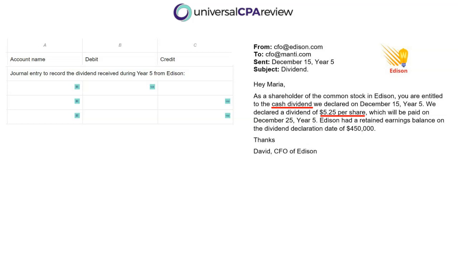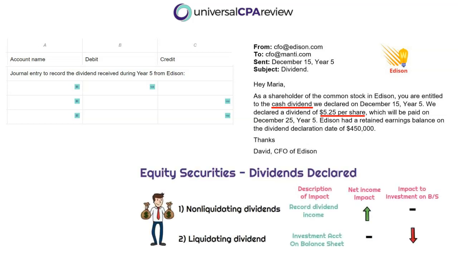So how is that helpful in determining whether it is a non-liquidating dividend or a liquidating dividend? Because remember, non-liquidating is recorded as dividend income in the income statement. But if it's a liquidating dividend, that is going to be a reduction of the investment's carrying amount on our balance sheet. So it's super important to know.